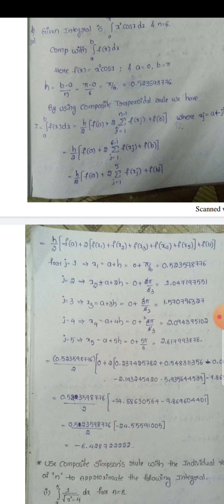For j equals 4, x4 equals a plus 4h equals 0 plus 20 by 6 equals 2.0943. For j equals 5, x5 equals a plus 5h equals 0 plus 25 by 6 equals 2.61799.